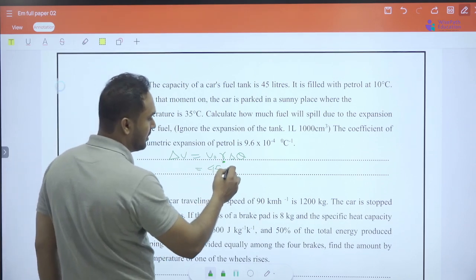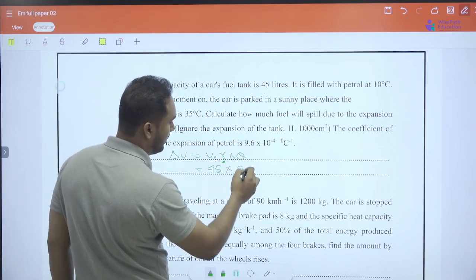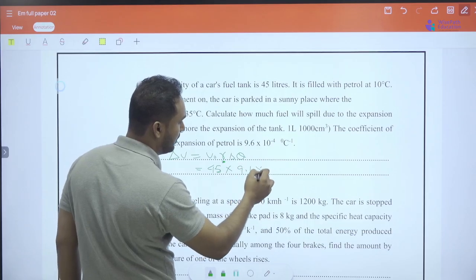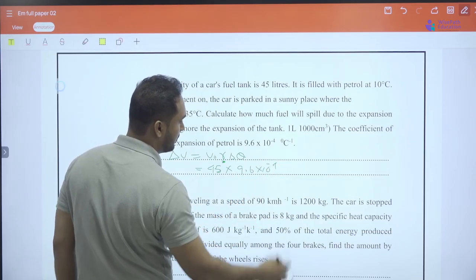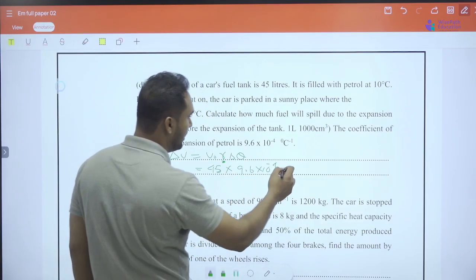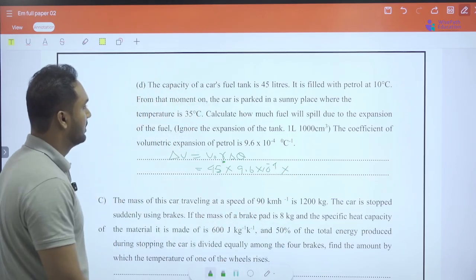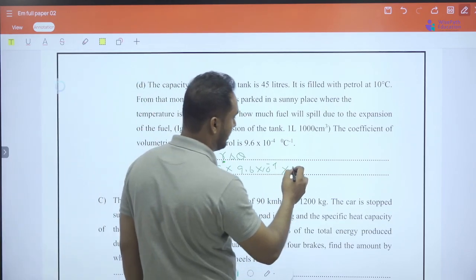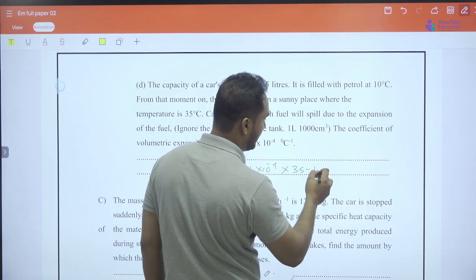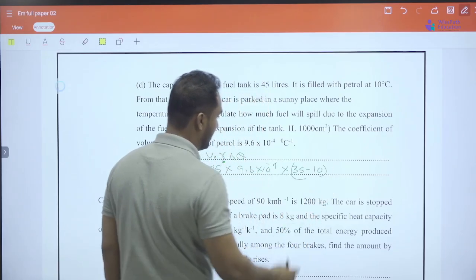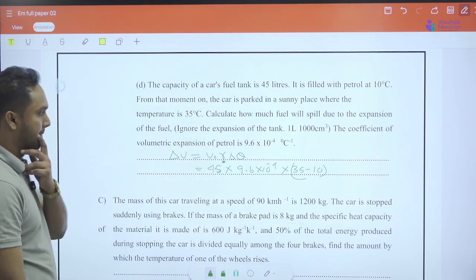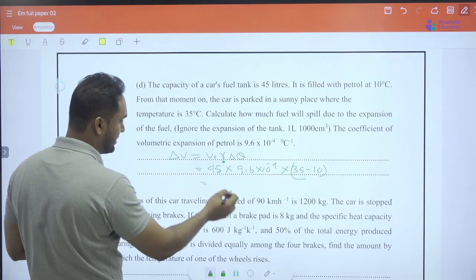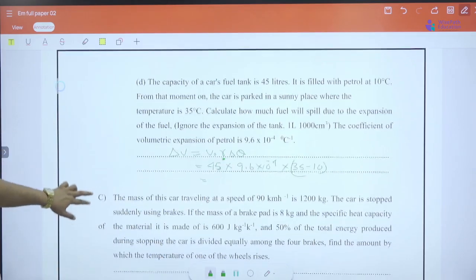45 liters into 9.6 into 10 to the power minus 4, right? And the delta theta is 35 minus 10, that is 25. Expansion will be in liters.